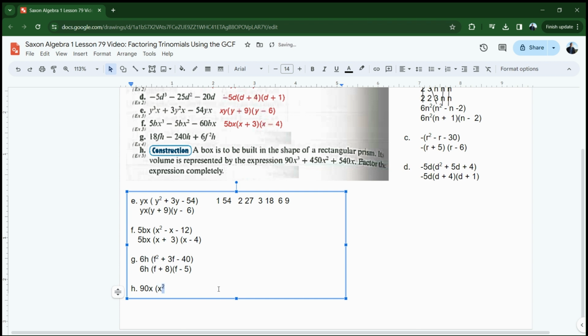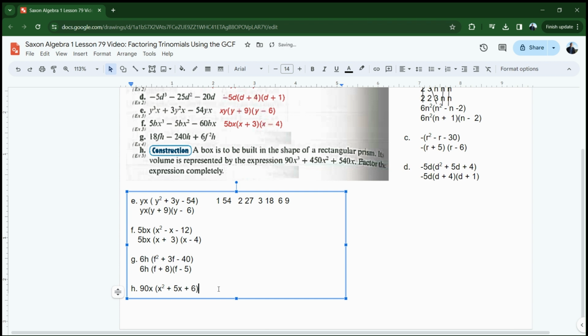Okay, that's already looking good. Our squared term doesn't have a coefficient. And then let's see, 90x times what is 450x squared? That's 5x. Okay. And then I pull a 90x out of our last term, and I get 6.